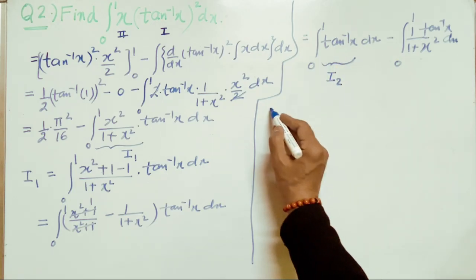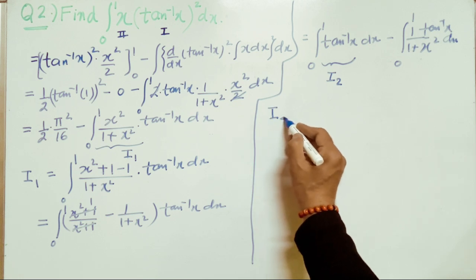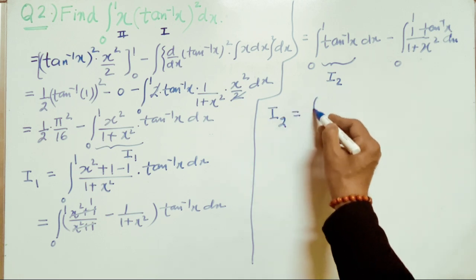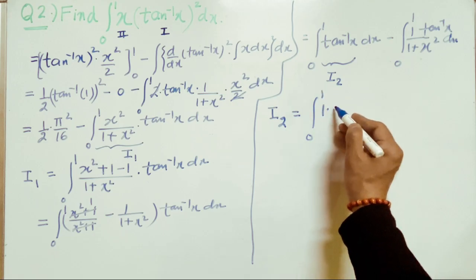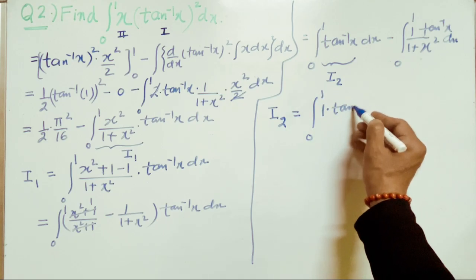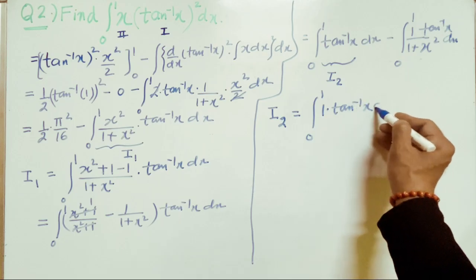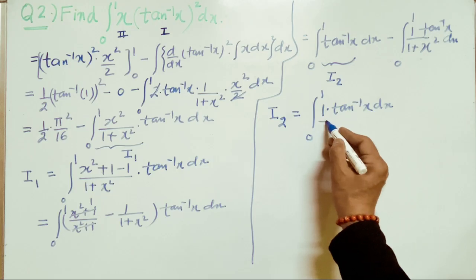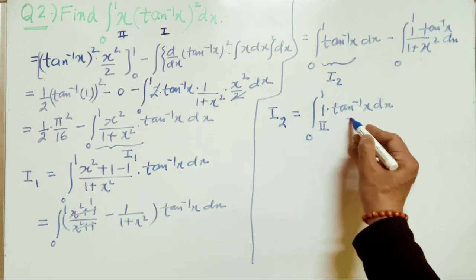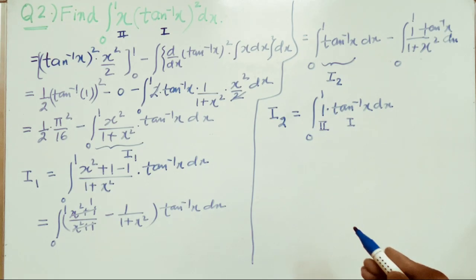And so whenever we have only an inverse trigonometric function in the integration, we'll treat 1 as the second function and tan inverse x as the first function.